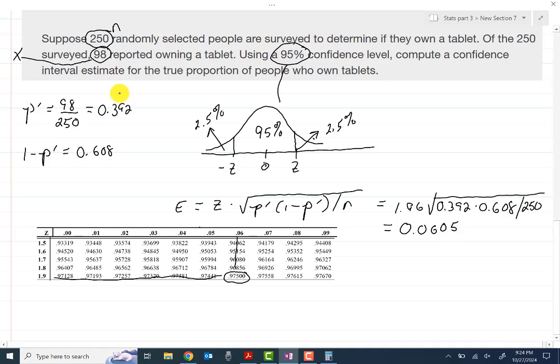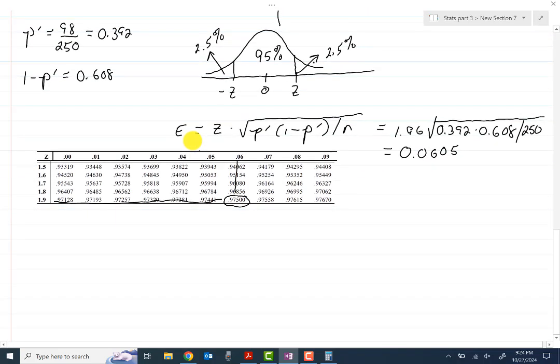Now this here, this p prime, is what we're going to center our interval at. So remember, it's p prime minus e, comma, p prime plus e. Our p prime was 0.392.